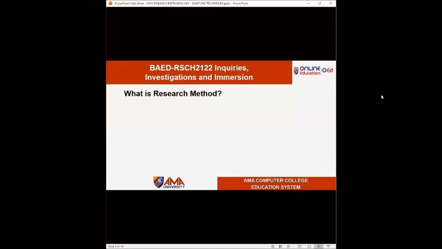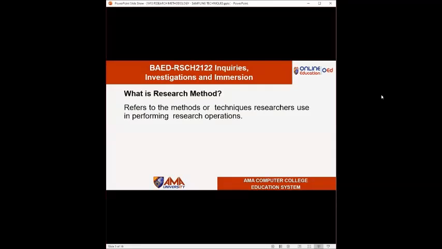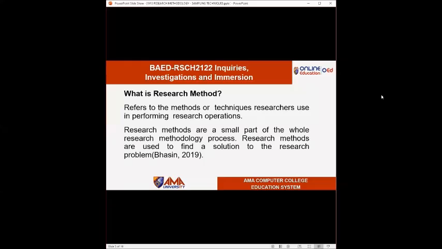What is a research method? It refers to the methods or techniques researchers use in performing research operations. Research methods are a small part of the whole research methodology process. Research methods are used to find a solution to the research problem.